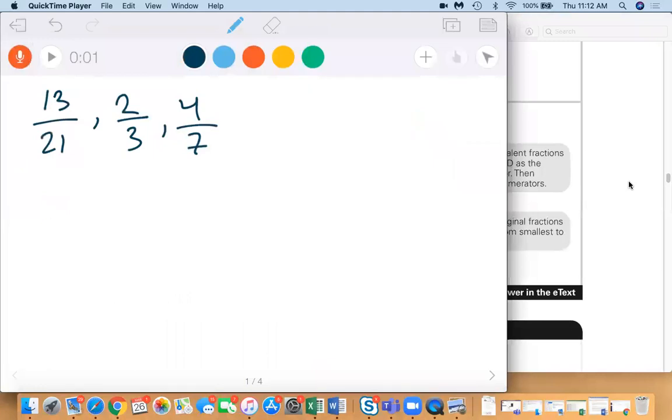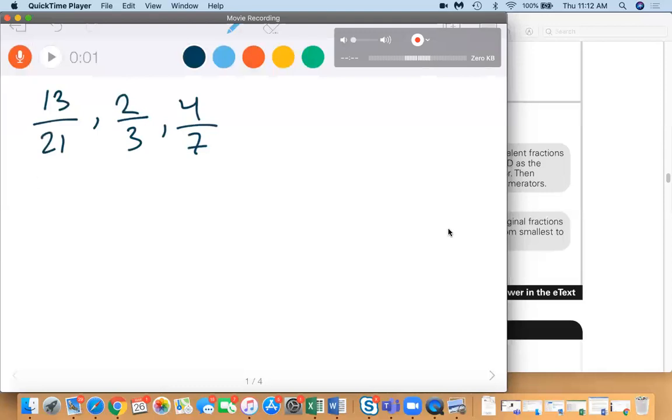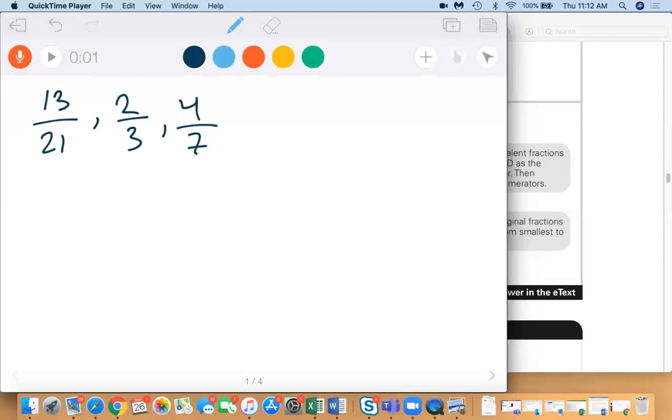Can anybody, just from looking at this, tell me what the lowest common denominator is? Sylvia, it's not 2 because we have to look at the denominator, the bottom. Did you mean 21 and didn't type the other one, I think?